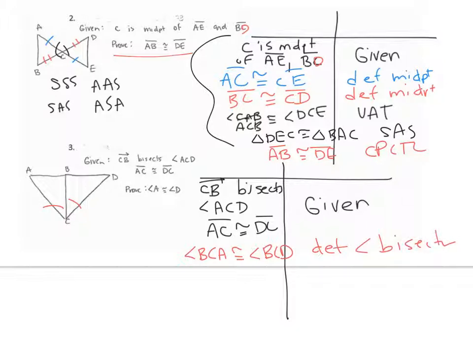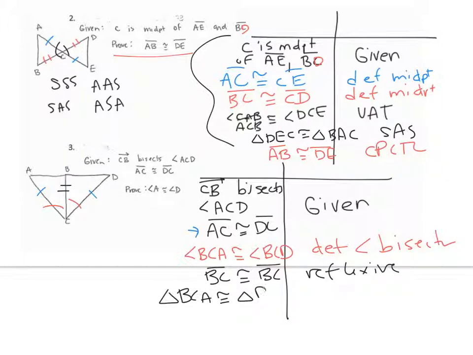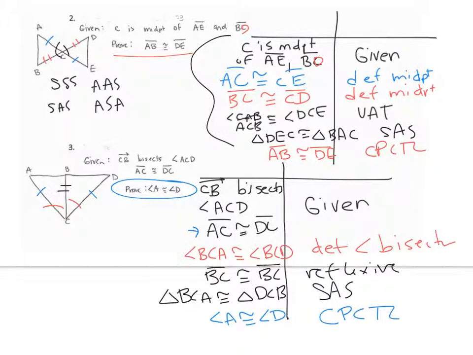And I also have to mark the second one, which is AC is congruent to DC. And now they share a side, so I can write BC is congruent to BC by reflexive. And so now I have side, angle, side. So triangle BCA is congruent to triangle DCB by side, angle, side. Therefore, I can say that angle A is congruent to angle D by CPCTC.